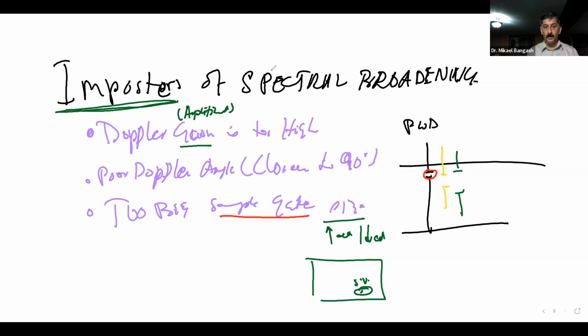Clear? But if you make it too big, what that may cause is that you end up having something that looks like spectral broadening, but which isn't. You may think, oh, do we have a turbulent flow?